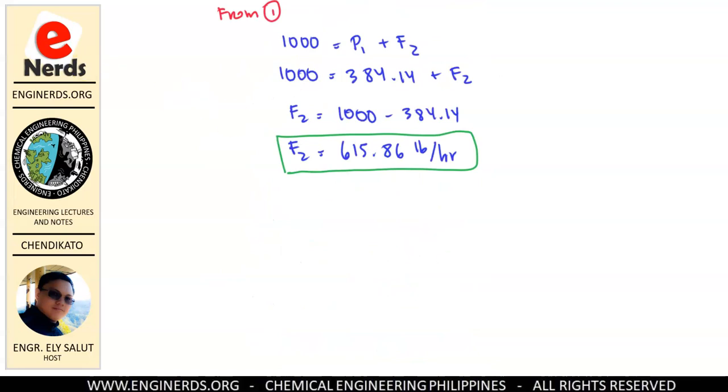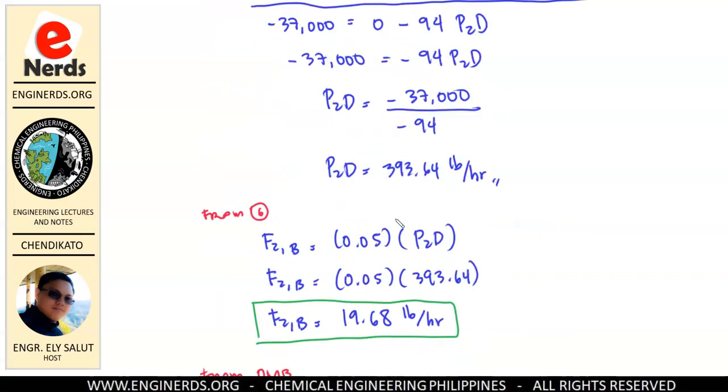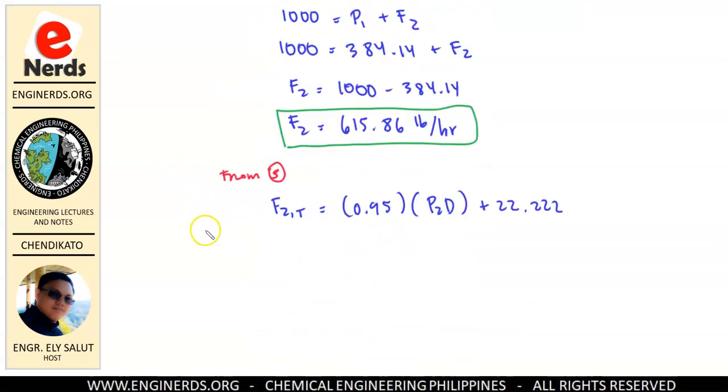So equation 5. Okay, so from equation 5, we have F2T is equal to 0.95 times P2D plus 22.222. Okay? But we know already the value of P2D. Nakuha na natin yan dito kanina, which is 393.64. Okay? So, substitute lang natin yan.